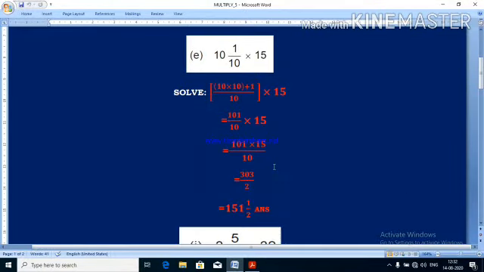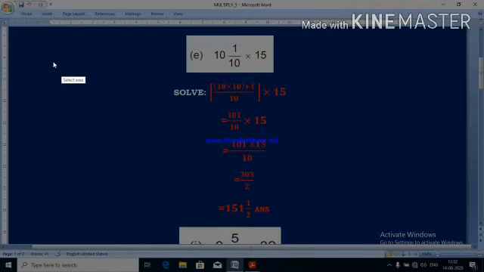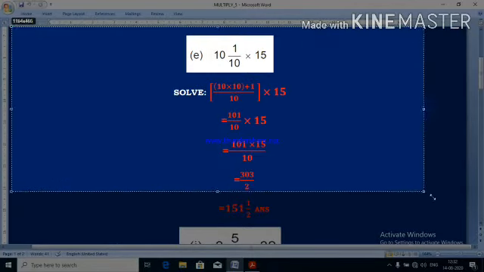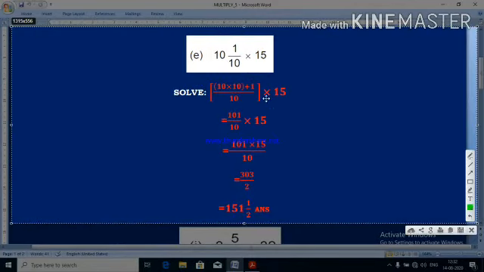Next question is a mixed fraction and a whole number. In this question, first of all we have to change this mixed fraction into a fraction, that is 10 into 10 plus 1 by 10. This is equal to 101 by 10 into 15.